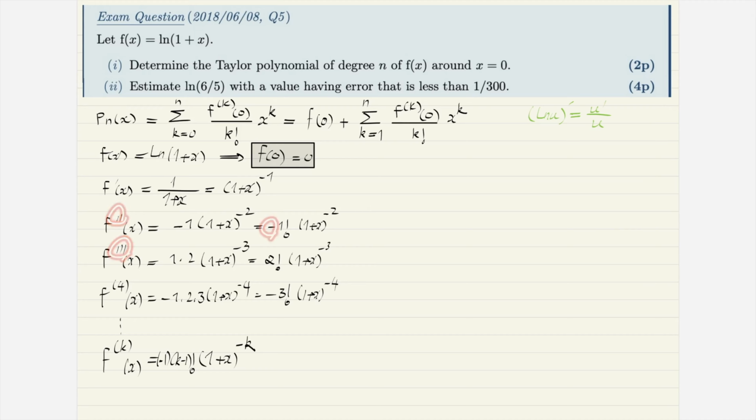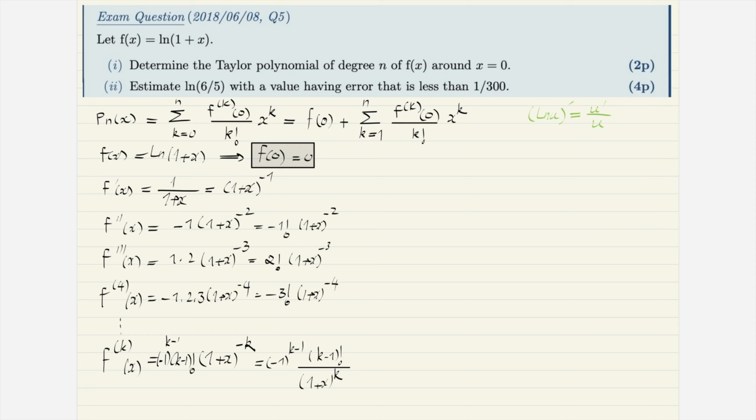If k is 3, it should be positive, and if k is 4, it should be negative. So for even values, it is negative. For odd values, it is positive. So this means that I would write it as minus 1 to power k minus 1. And of course, I prefer to simplify that, so it becomes minus 1 to power k minus 1, and then I will have k minus 1 factorial in the numerator divided by 1 plus x to power k.